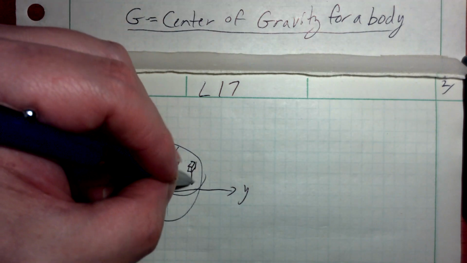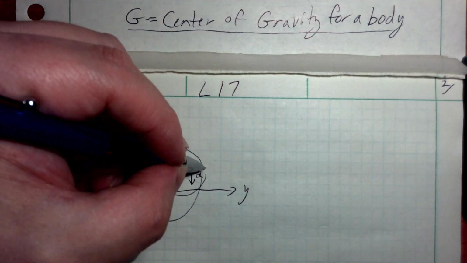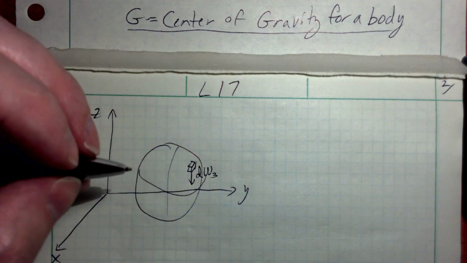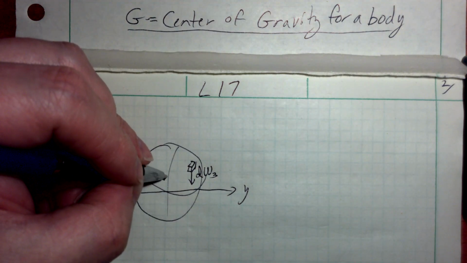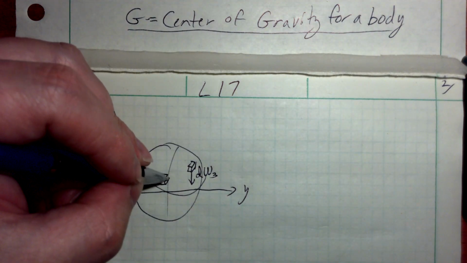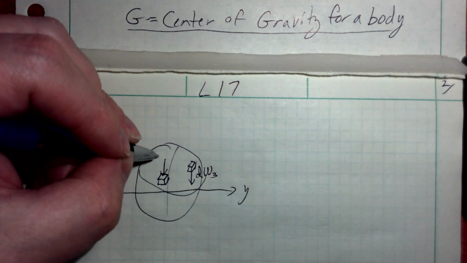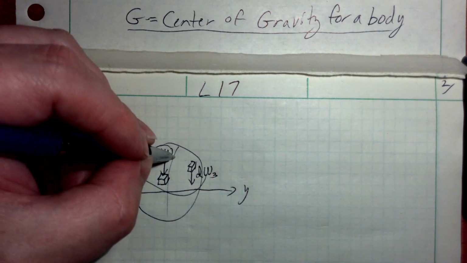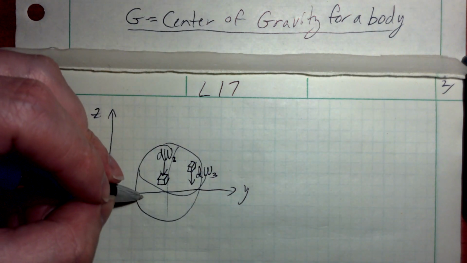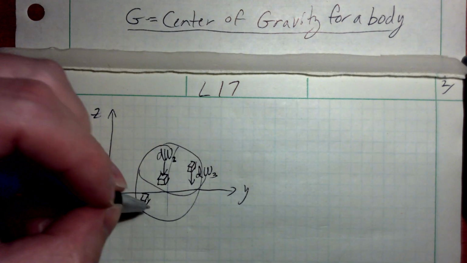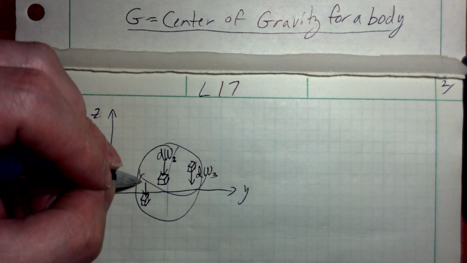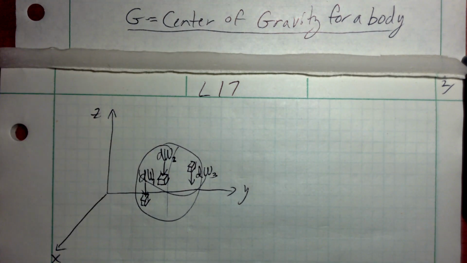And here I would have a differential weight 3. Over here somewhere I've got a differential size slice of weight number 2, and maybe down here somewhere I've got a differential size slice of weight number 1.